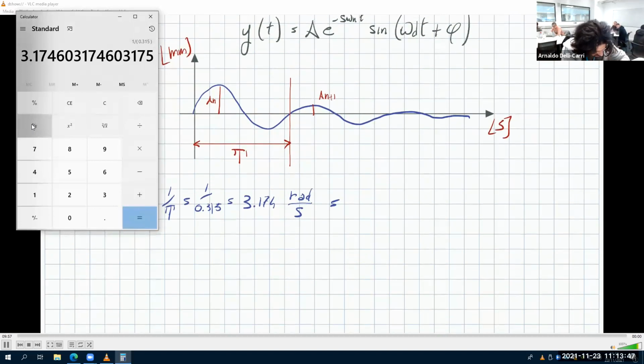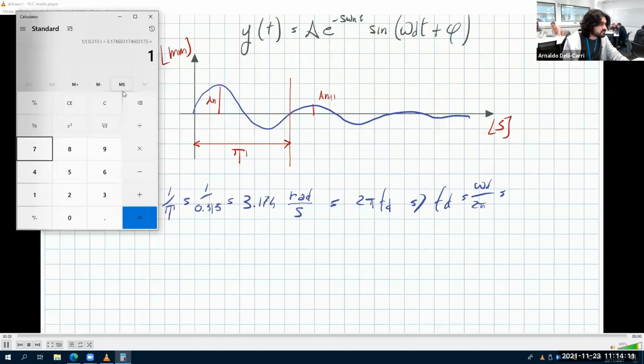So this is 2 pi fd in this case. And so that means that fd is omega d divided by 2 pi.